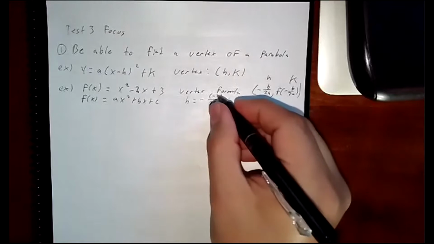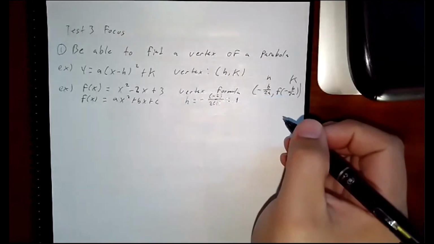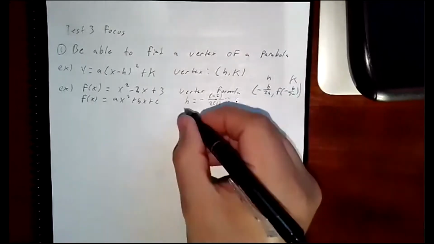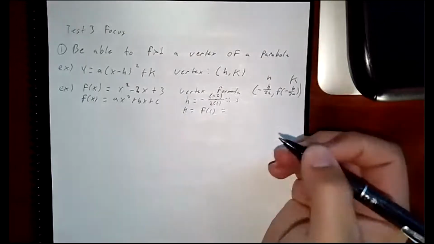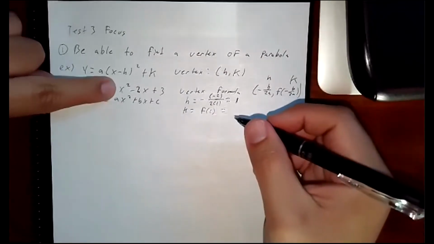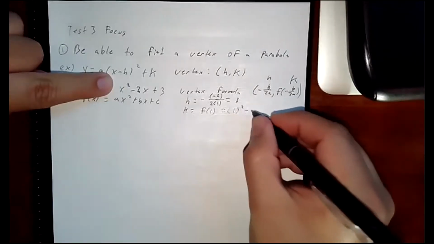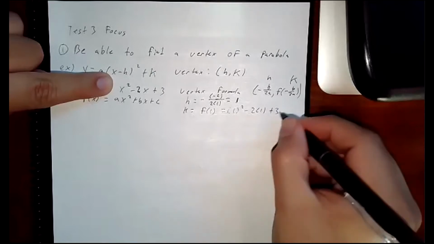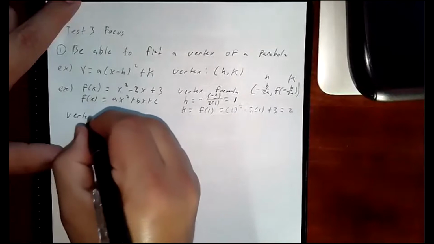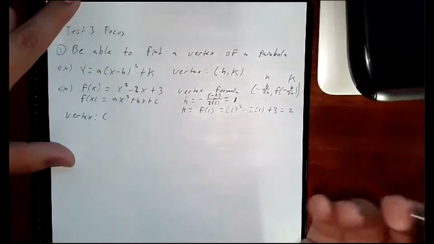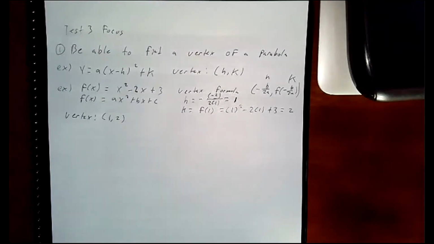So that will be negative 1, right? And then once you find that, k will be the function at 1. So you just plug in 1 and see what happens. Then you'll get 1 squared minus 2 times 1 plus 3, which will give you 2. So the answer would be 1 comma 2.